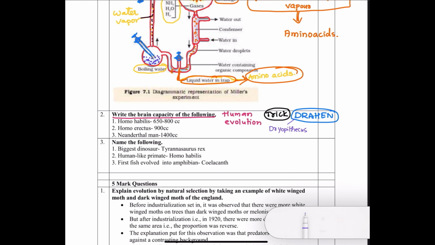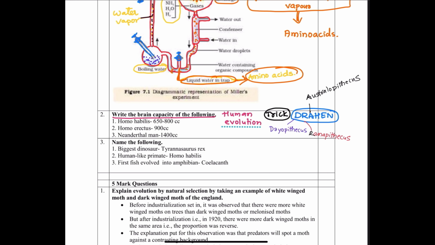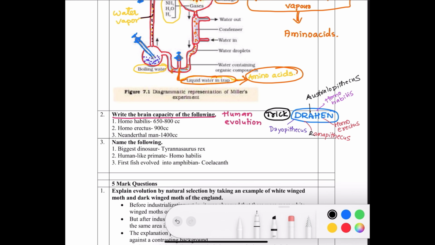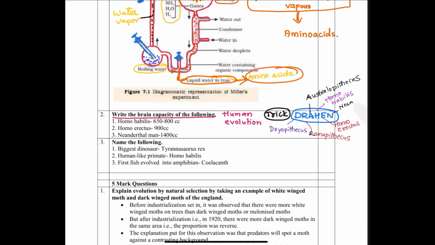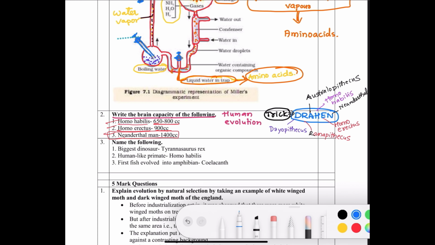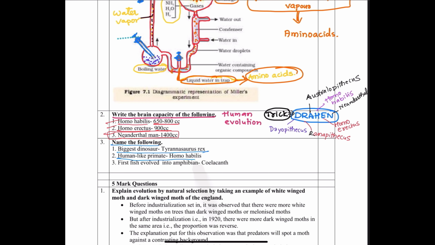D for Dryopithecus, R for Ramapithecus, A for Australopithecus, H for Homo habilis, E for Homo erectus, then N for Homo neanderthalensis, and last Homo sapiens. Here they have given Homo habilis, which has 650 to 800 cc, Homo erectus 900 cc, Neanderthal 1400 cc.